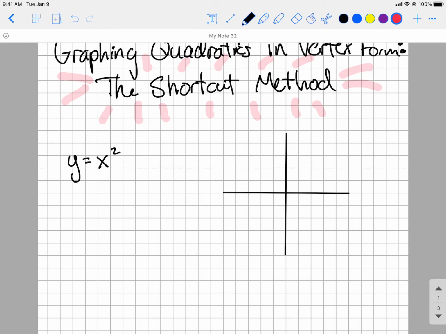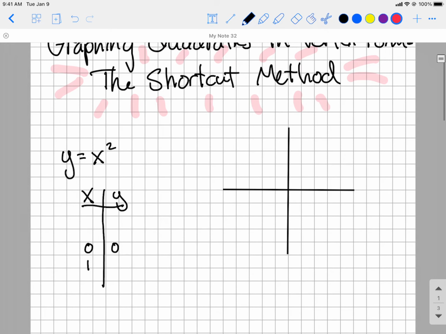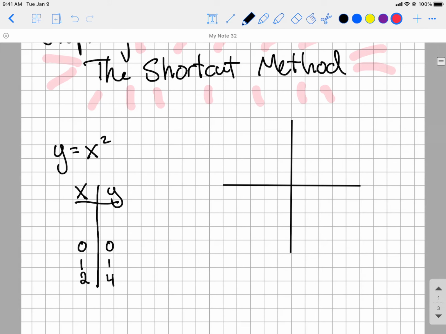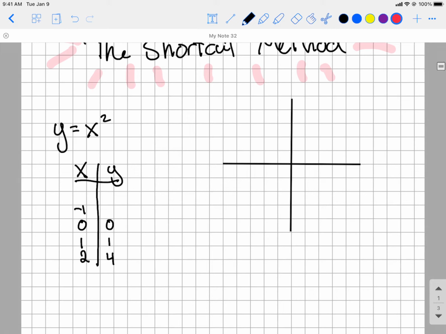It's just x squared. So if we decide to make a table of values for this function, we're just going to go around the middle of the graph. So 0 squared, if we're plugging it into our function, is 0. 1 squared is 1, 2 squared is 4, and then negative 1 squared, so remember that's negative 1 times negative 1, is positive 1, and negative 2 squared is negative 2 times negative 2, which is positive 4.